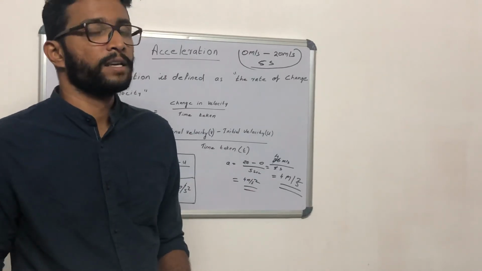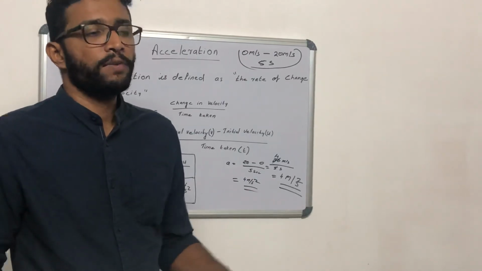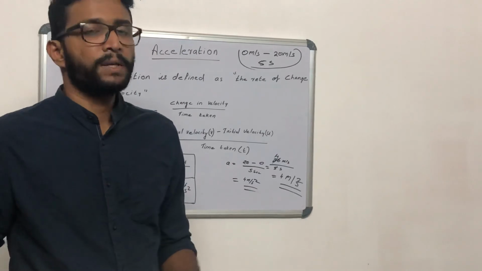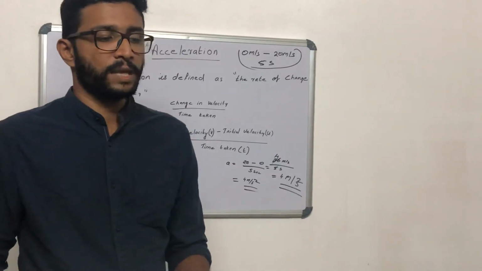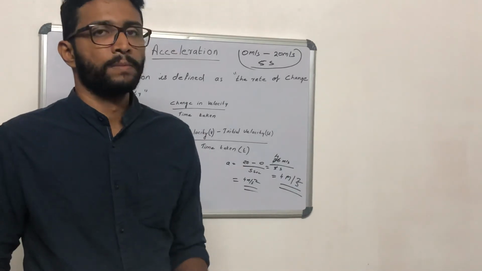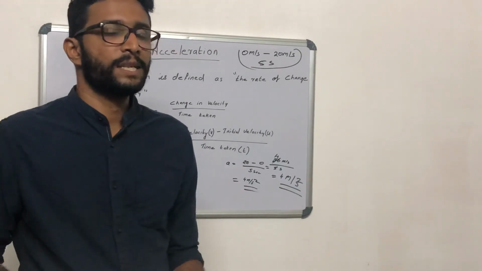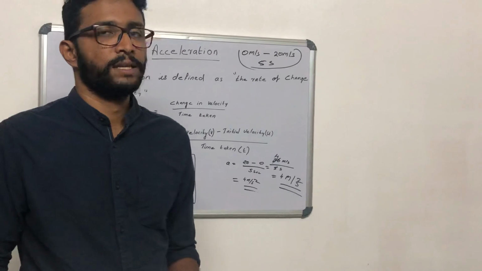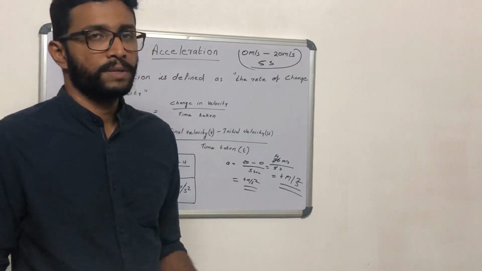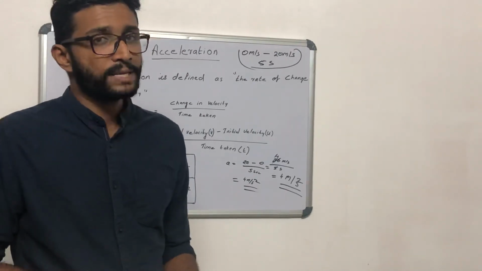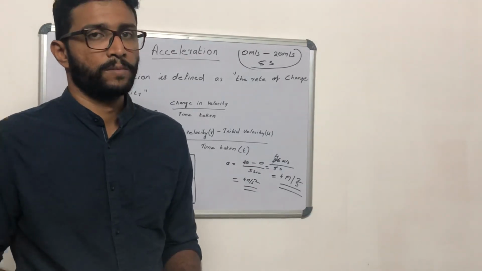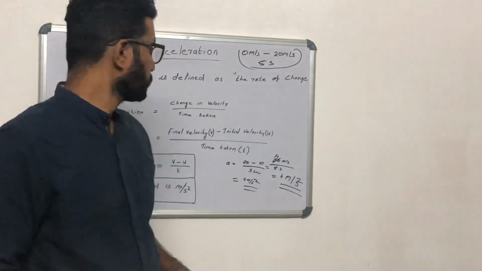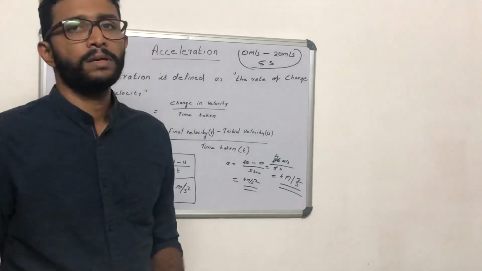Initially there will be high velocity, and after some time there will be a change in velocity and it comes to rest. So the change in velocity is a negative value, and we can say that there is deceleration. So this is all about acceleration.